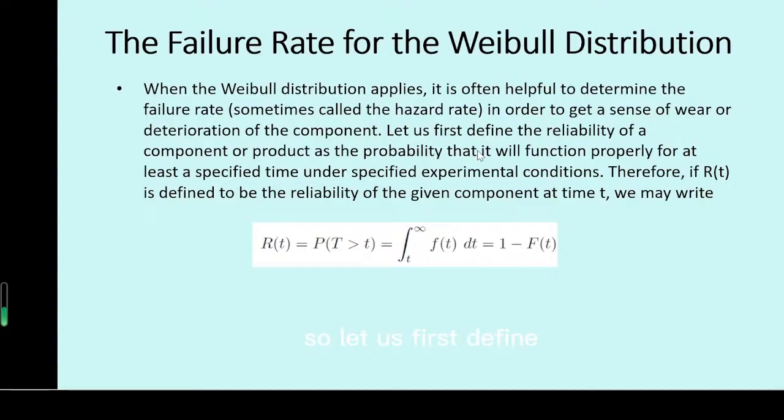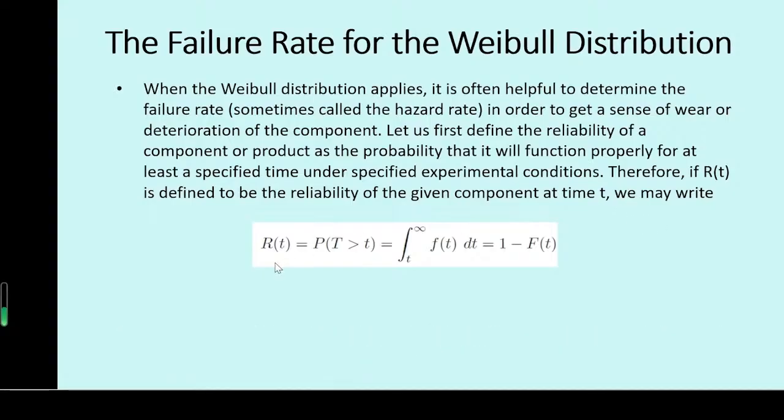Let us first define the reliability of a component or product as the probability it will function properly for at least a specified time under specified experimental conditions. Therefore, R(t) is the reliability of the given component at time t.